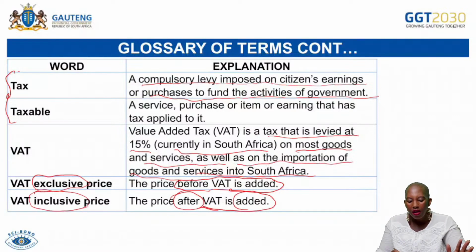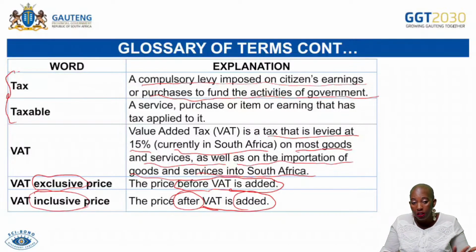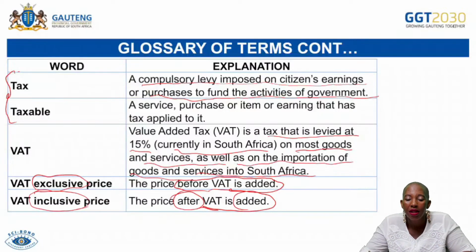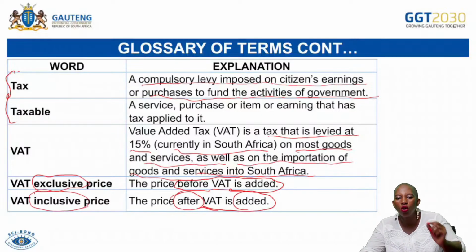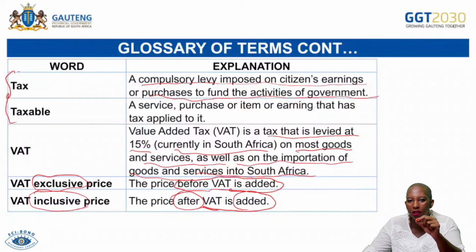So meaning, if it is exclusive, VAT has not been added. 15% is not added. And you must take a look. Like I've indicated, there are stores that will give you the price of the item. They will say, this item costs 13 rands. And then after it costs 13 rands, they will show you after VAT how much it will cost.